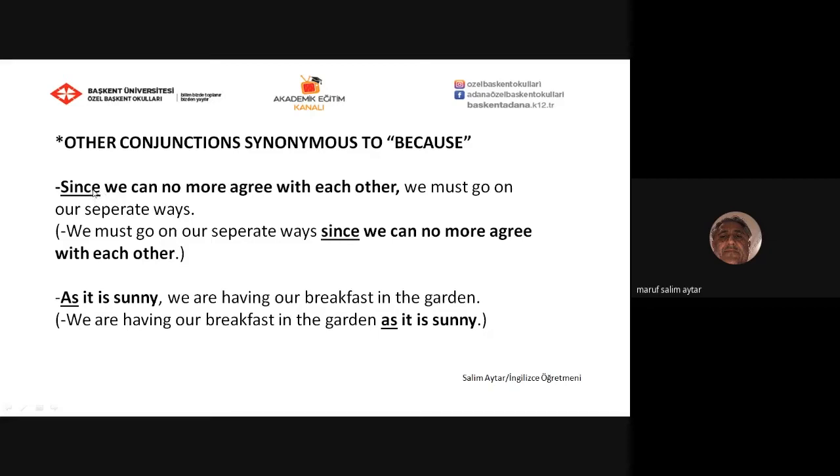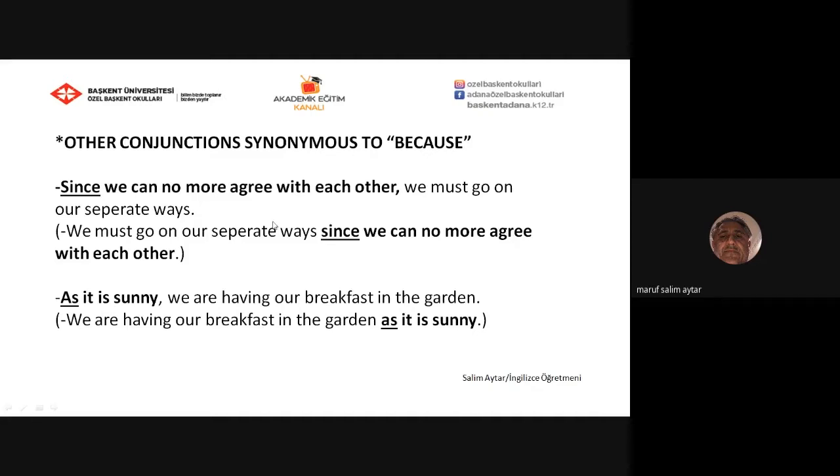See, since we can no more agree with each other, we must go on our separate ways. Or they can change places. We can start with the result clause as well. We must go on our separate ways. Why? Since we can no more agree with each other.